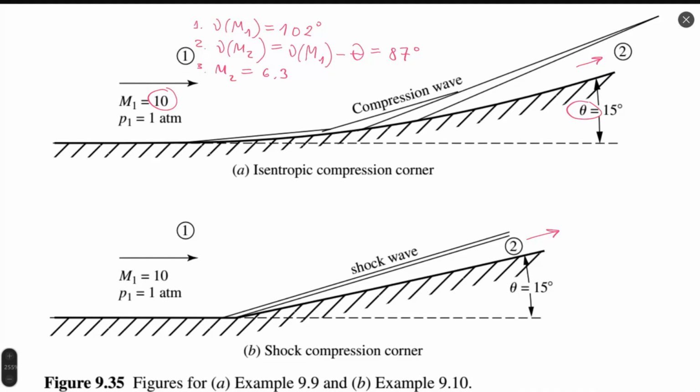I'm going to appendix A, and I will find my pressure for Mach 10 and for Mach 6.3 and find the pressure ratio. Okay, so pressure 2 is right here, and Mach 2 also in this region here. Just a moment, I will find Mach 10 and Mach 6.3.